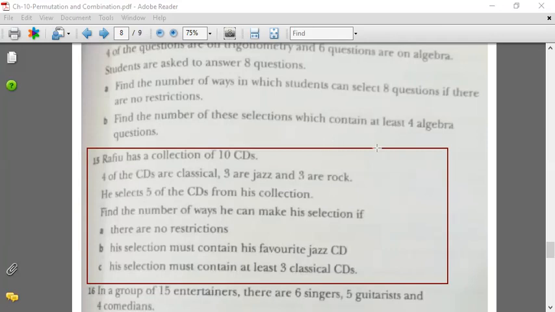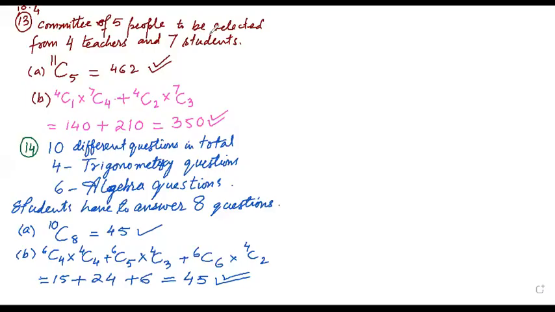So how many CDs? 10 CDs, right? So 10 CDs are there in total.